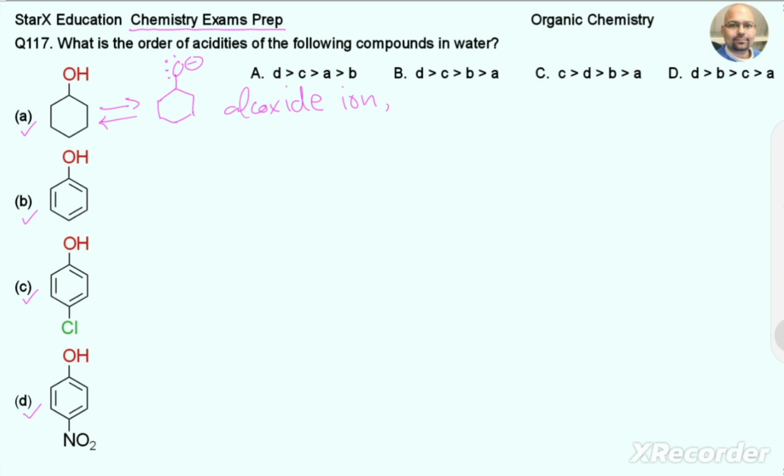Now in this alkoxide ion, the negative charge on the oxygen is localized. There is no resonance stabilization of the charge. Therefore it is a less stable conjugate base, and that's the reason that alcohols are less acidic than phenols.